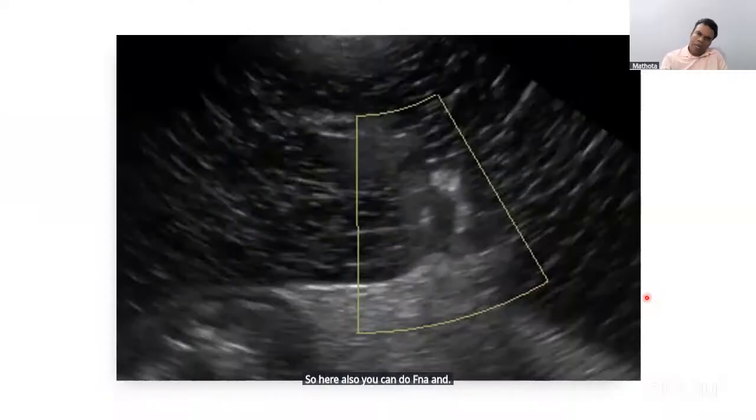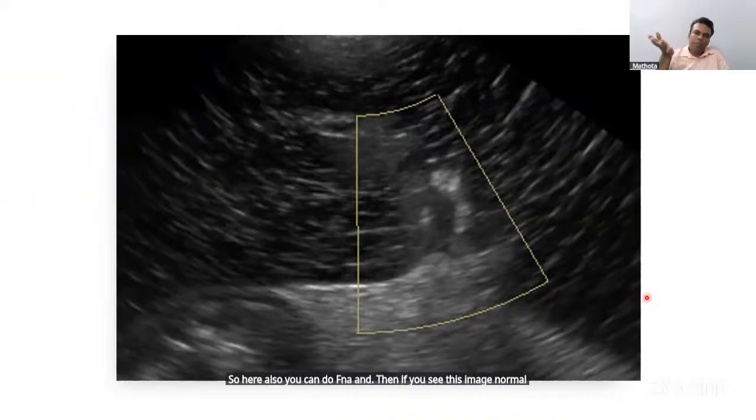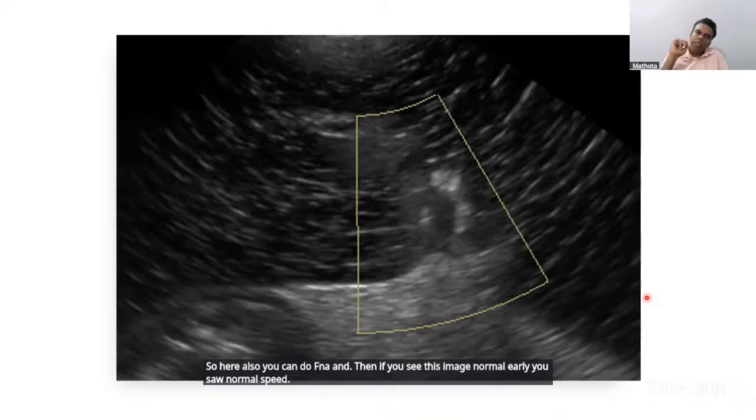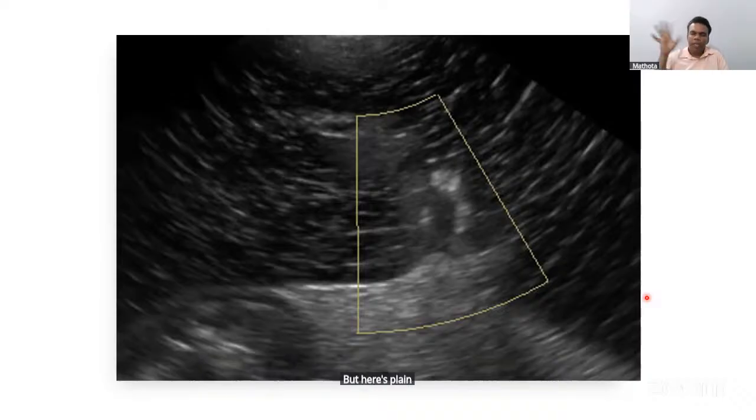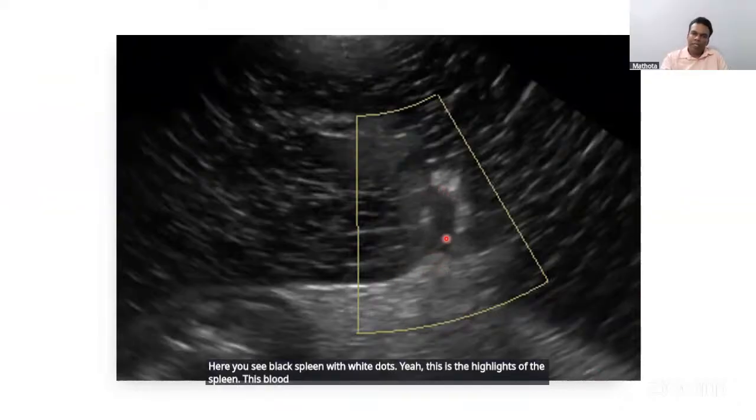Then if you see this image, earlier you saw a normal spleen. But here the spleen echo texture is completely different from the normal spleen. Here you see a black spleen with white dots. Here, this is the hilus of the spleen. This blood vessel is entering into the spleen.